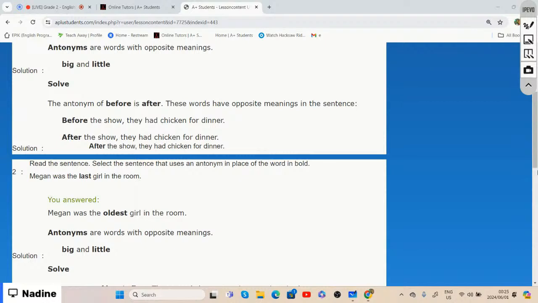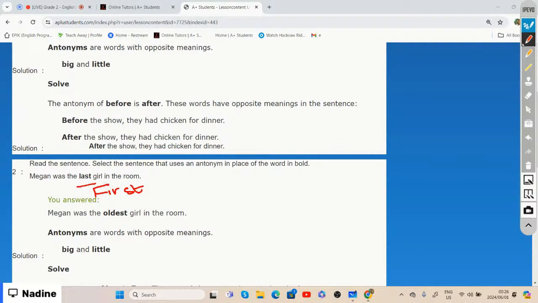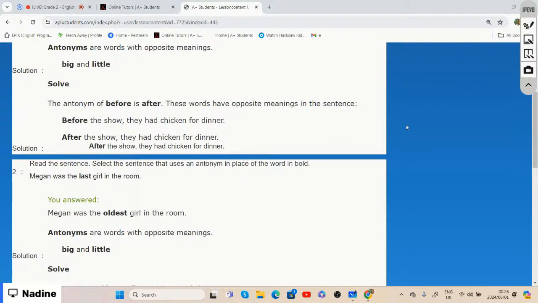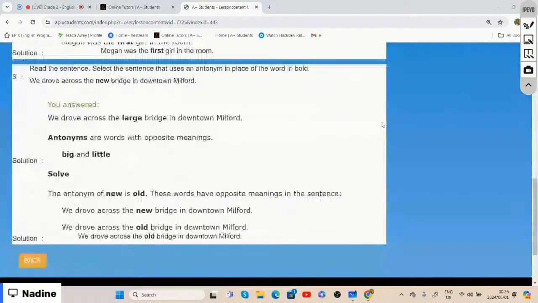And if we were to find the opposite of the word last, then yes, it's first. So well done. First is correct.